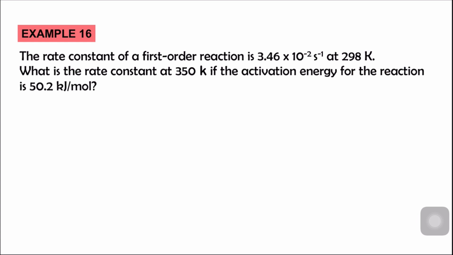Here, you have the rate constant for the first order reaction. So we know this is first order. The temperature is already given. It asks you to calculate K at 350 Kelvin.